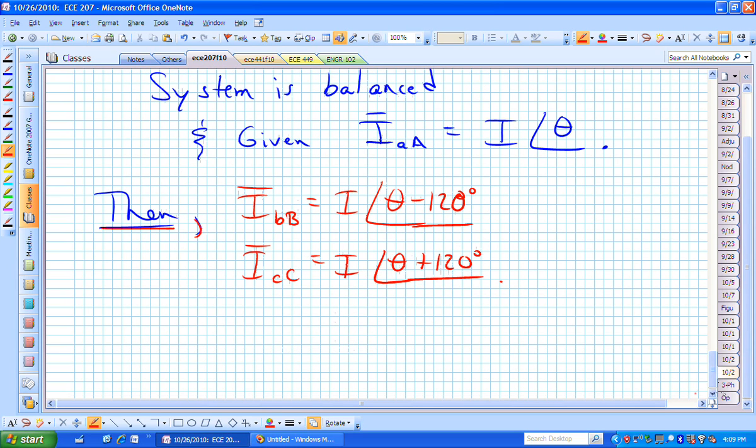Suppose I said Z sub Y was a pure resistor. What would theta be in this example?